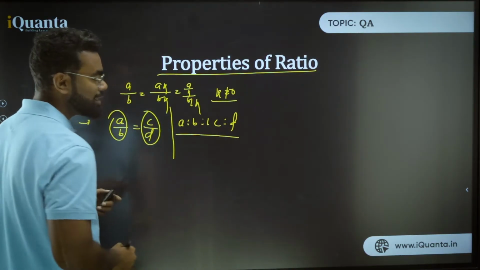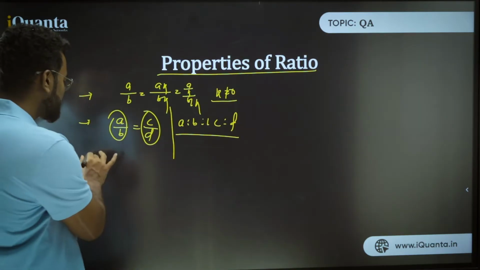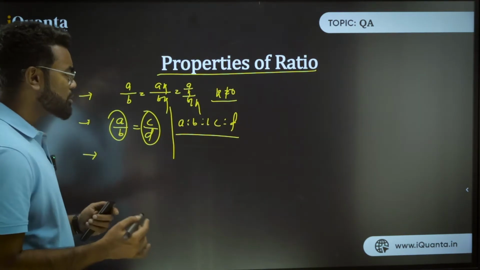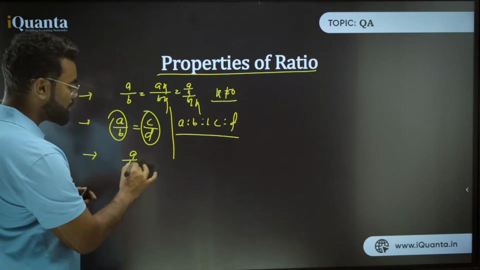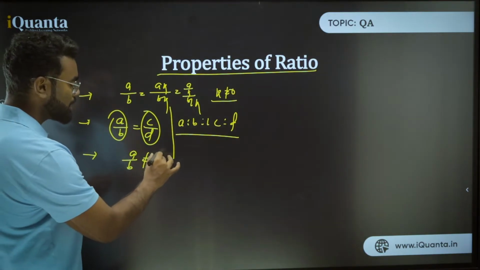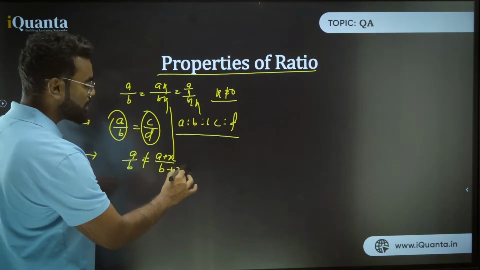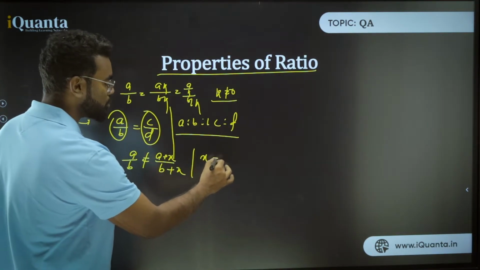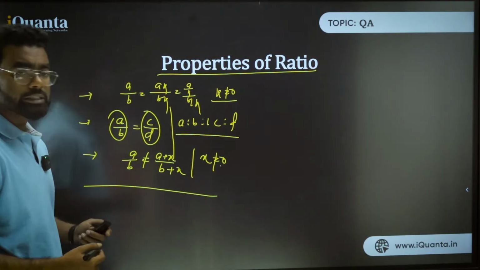A, B and C, D are proportional. Now the third: from this concept only, we can also say A upon B is not equal to A plus X upon B plus X. Please remember this, if X is not equal to 0. So these are very important properties we are going to learn today.